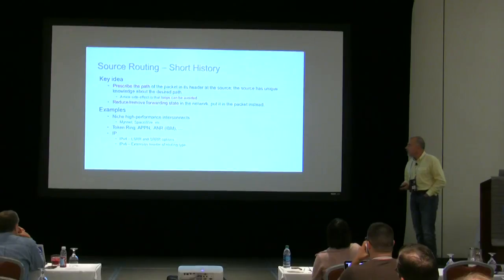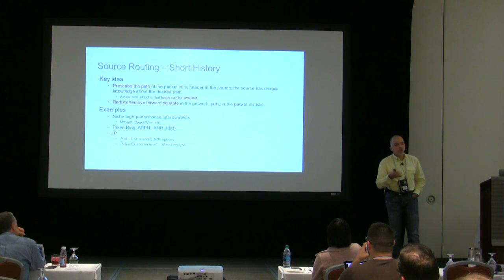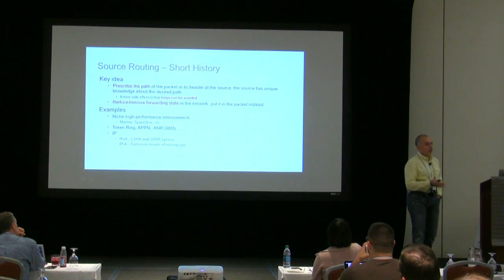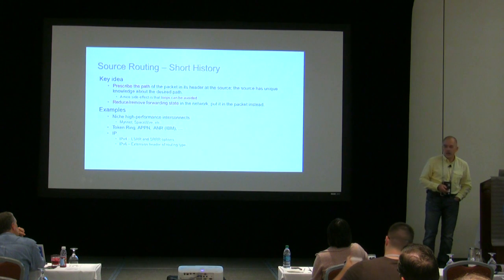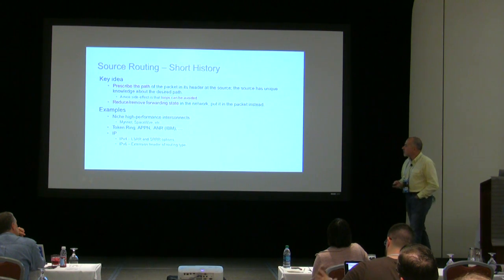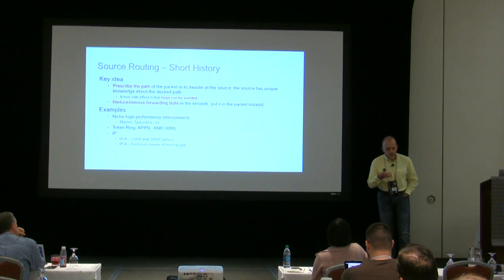So there's a bunch of historical examples of source routing. A lot of them tend to be about closed niche types of interconnects used in high-performance computing, and some layer 2 forwarding technologies, token ring being kind of the most known. All of them use source routing at their core.